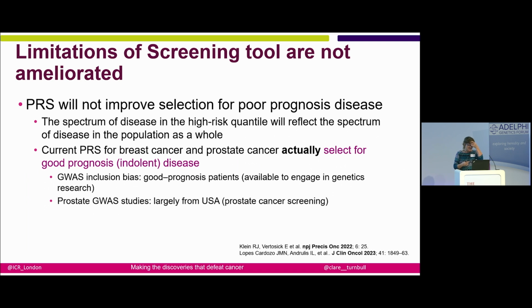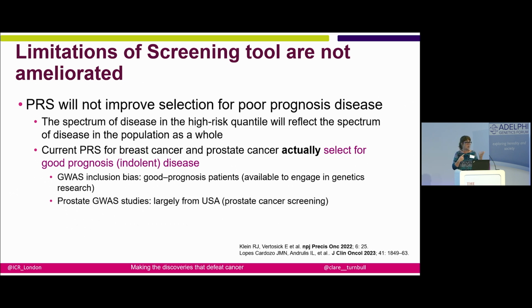And in fact, what's been shown for the breast and prostate cancer PRS, which are the best studied, is that they actually select differentially for good prognosis, indolent disease, which makes sense. The people hanging around and giving samples for genetic research studies were people who didn't have nasty, aggressive, lethal disease.